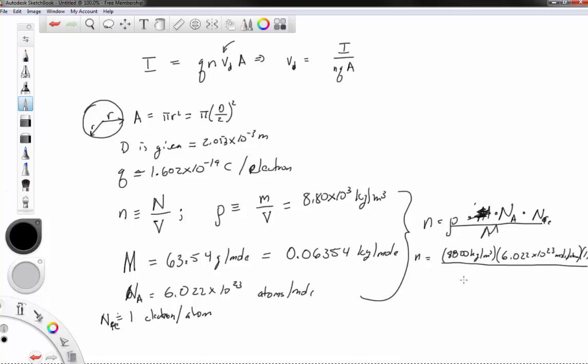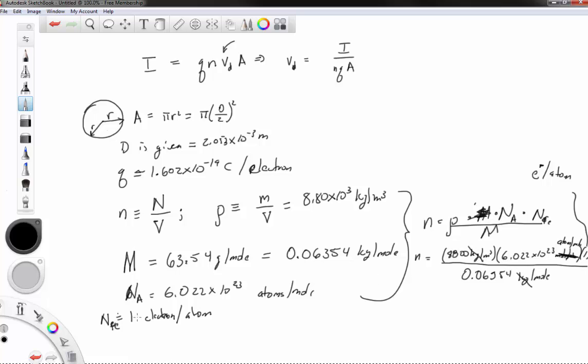So then that is going to be divided by the molar mass of 0.06354 kilograms per mole. Oops, this is backwards. This should say atom per mole. This one right here is E minus per atom. So the units will all cancel in such a way that you end up with electrons per cubic meter.